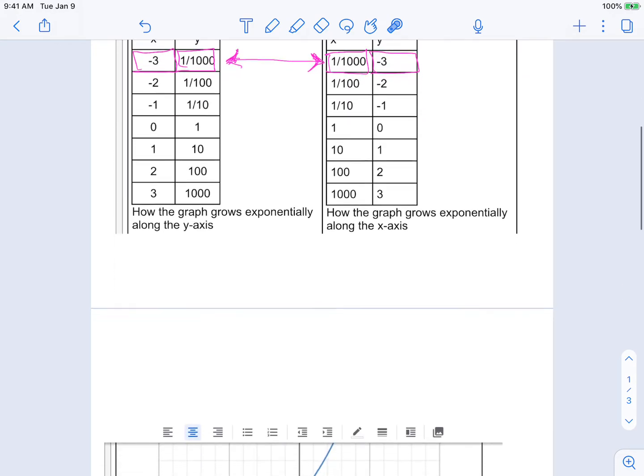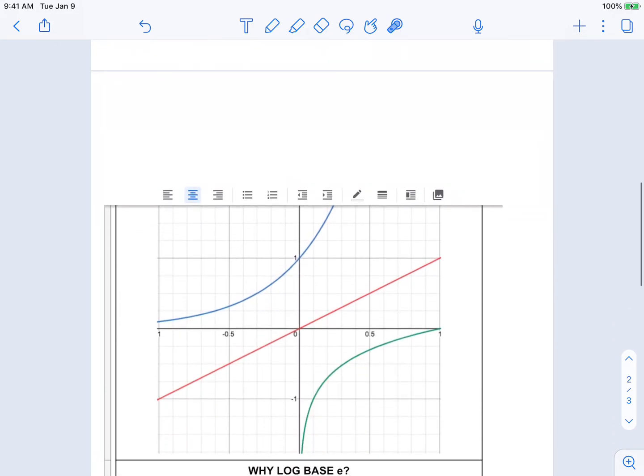When I graph these, this blue line is growing exponentially along the y-axis, so it's going to get taller and taller. And this green one is growing exponentially along the x-axis, and it's going to get closer and closer to the x-axis as it grows.